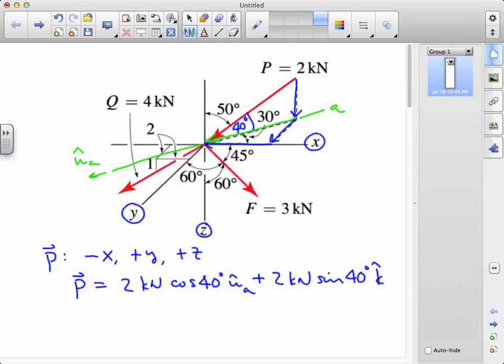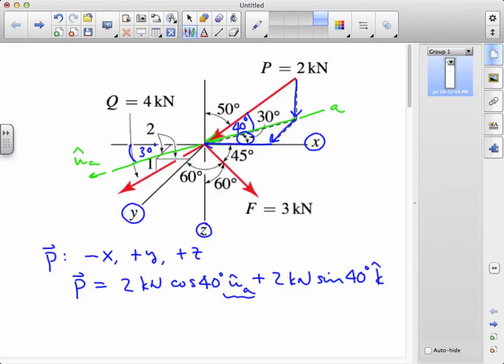Now uA lies in the xy plane, and we see that it makes a 30-degree angle with the x-axis here, so over here it's a 30-degree angle. And we know for a unit vector defined in a plane that the components of that unit vector correspond to the cosines and sines of the angle theta that unit vector makes with one of the axes.